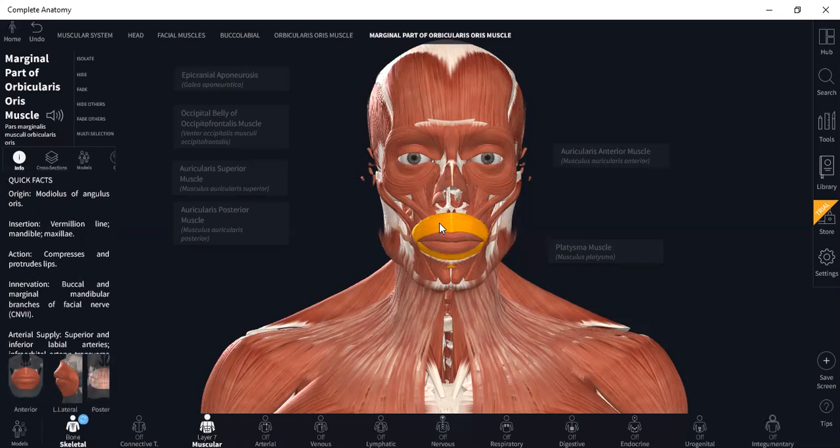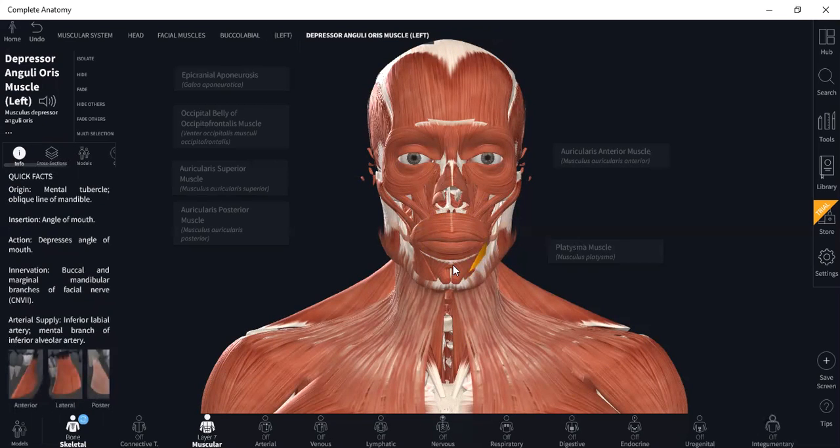This is orbicularis oris. When it contracts, it will close and protrude the lips. This is depressor anguli oris. When it contracts, it will lower the corners of the mouth.